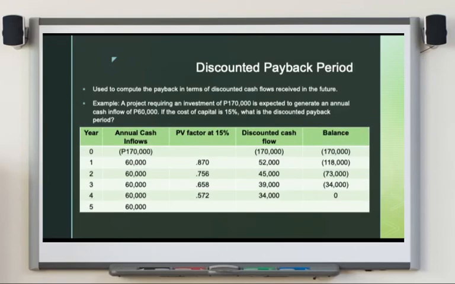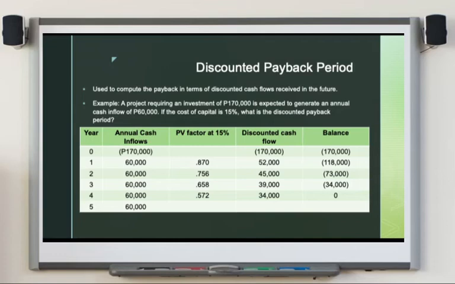So looking at the table for ordinary annuity, since you will be receiving an annual cash inflow of 60,000, the present value factor at 15% of ordinary annuity, you may check that also, or you can use the present value of 1 for 15% for each year. You will arrive at the same amount.